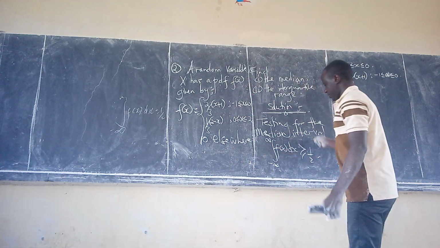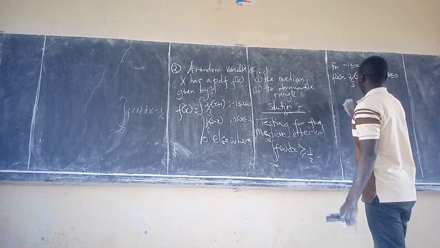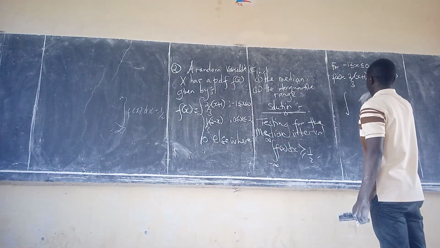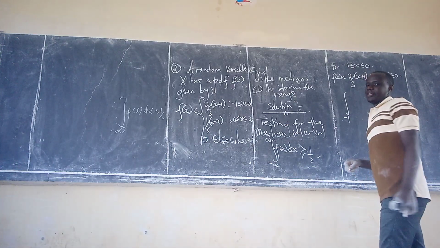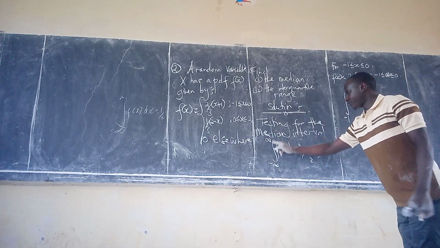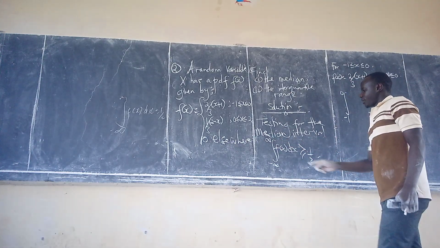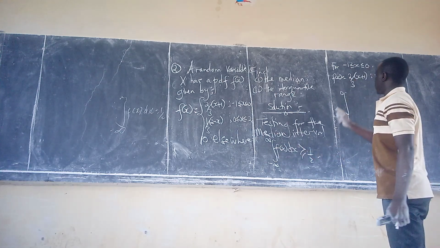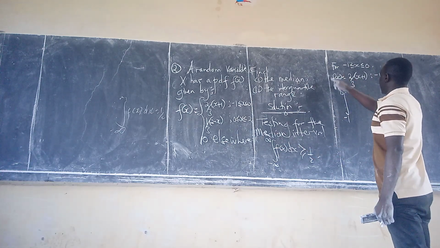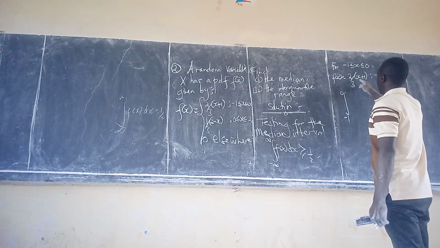So we are quoting this. Where there is negative infinity, we put the lower limit of the interval. Where there is positive infinity, we put the upper limit of the interval. Where there is f of x, you put the function of f of x for that particular interval.